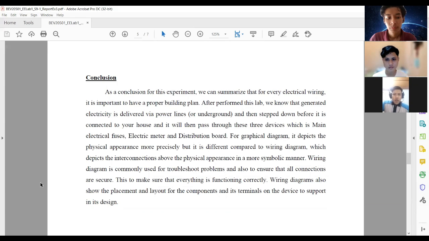For this experiment, to make sure that everything is functioning correctly, the wiring diagram also shows the placement and layout of the components and their terminals on the device to support the design.